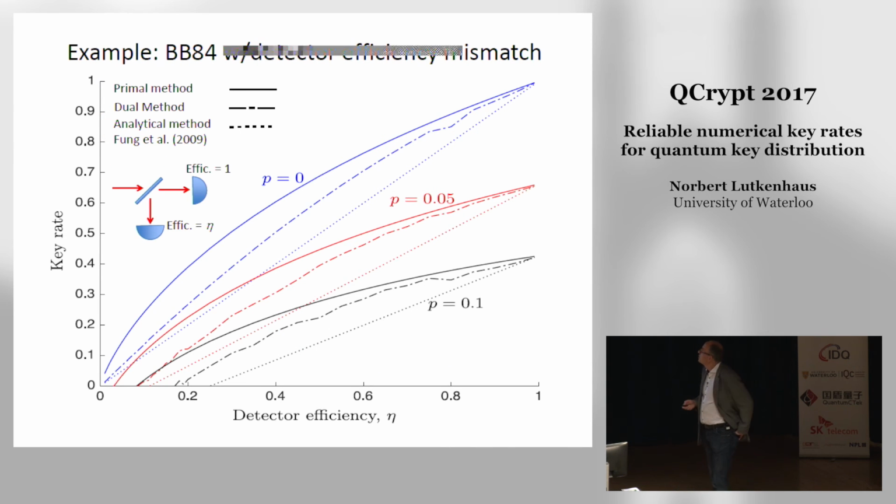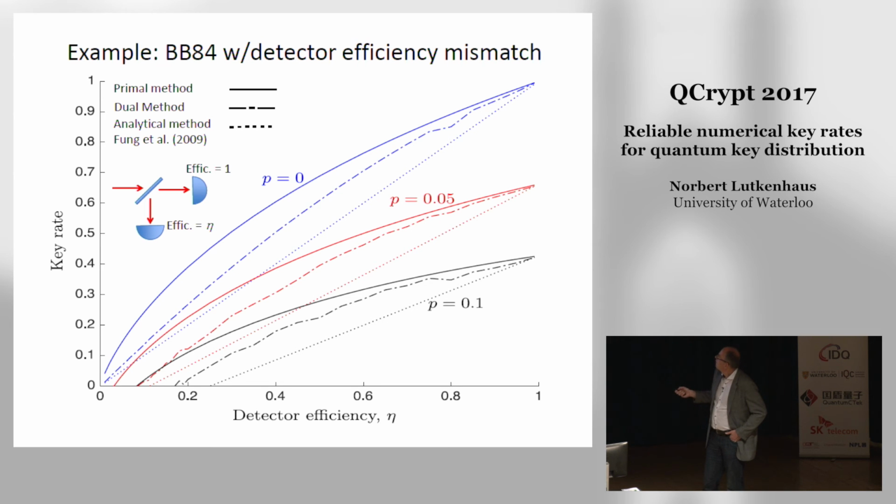Another important application is the question: you have to run a BB84 protocol, but your detectors have different detection efficiencies. What do you do? All our analytic proofs fail in that scenario. This might be because the detectors are inefficient, or because the detection efficiency is manipulated from the outside. Again, p is a kind of noise parameter, extra noise in the channel.